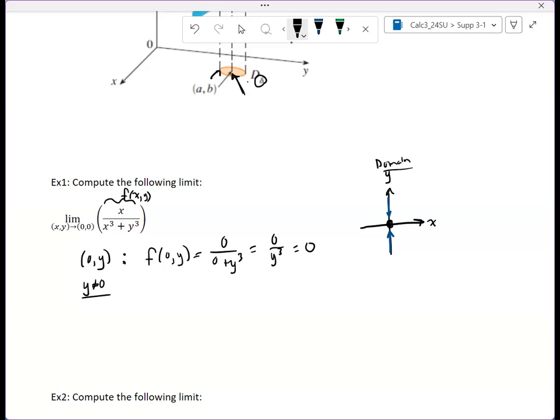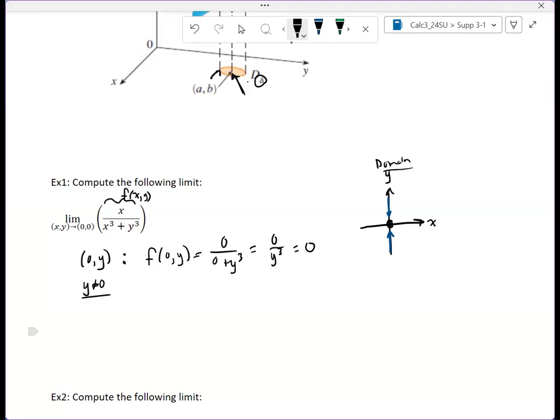This is 0. So my function output is 0 everywhere along this y-axis. If the function is a constant 0 along the y-axis, then as I approach (0, 0) along it, the limit, at least from this perspective, ought to be 0. It seems to suggest the limit is 0.